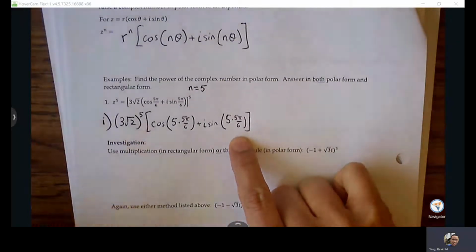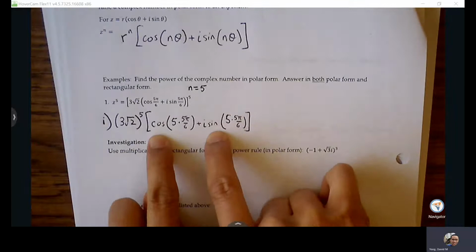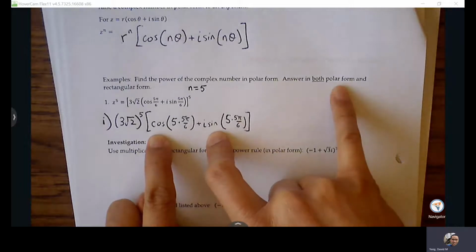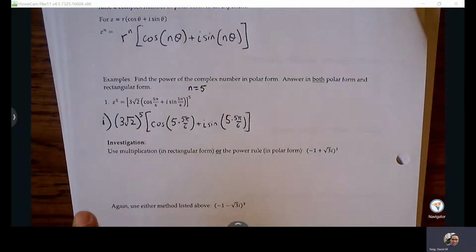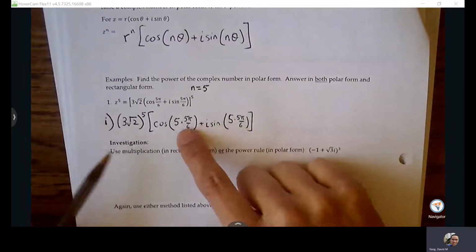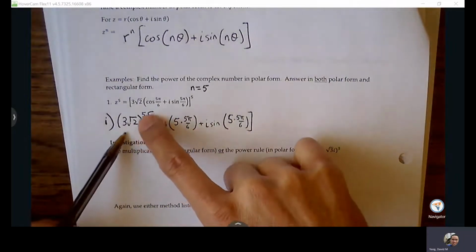Okay, so we'll clean this up, but we'll leave the cosine and sine so that we can call that polar form. So enter that in the calculator. Okay, you should get 18, but you want to make sure that you don't just do 3 root 2 to the fifth.